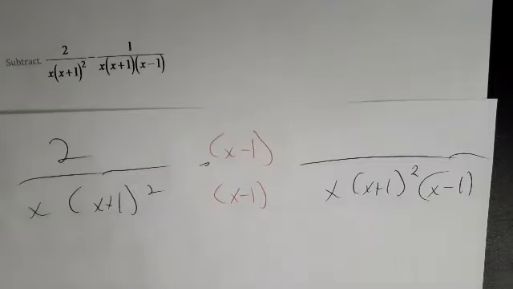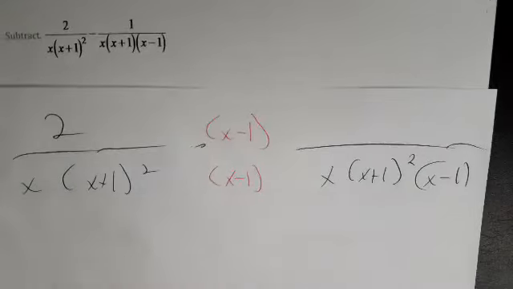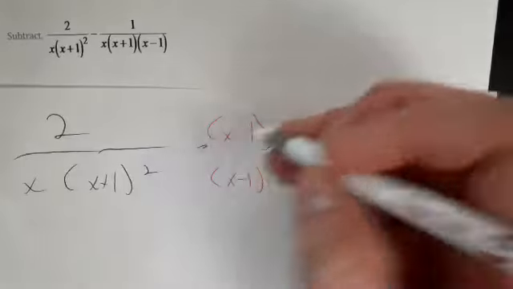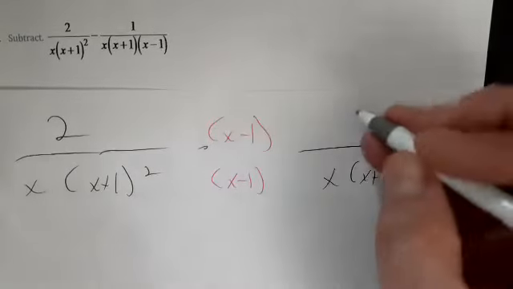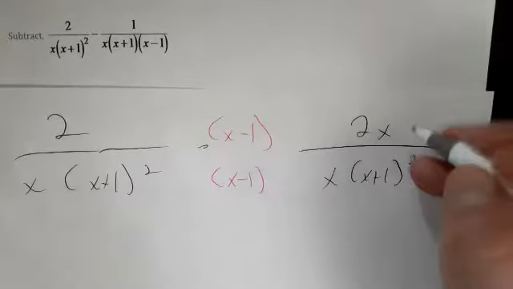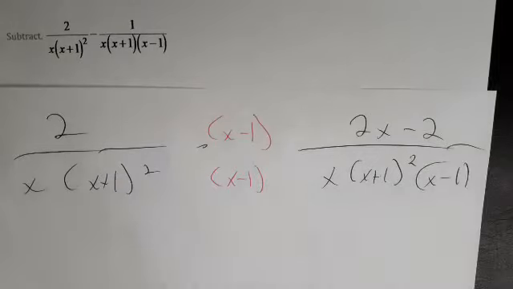Okay. There are a few ways you can do this. I would probably go ahead and distribute this thing. So 2 times x minus 1 is 2x minus 2 on top.